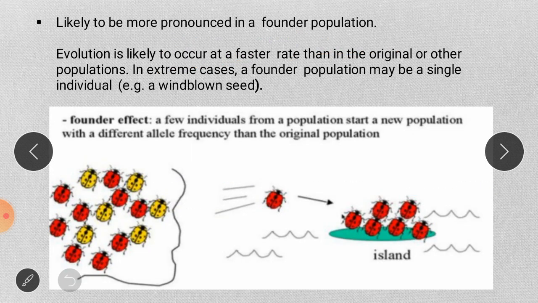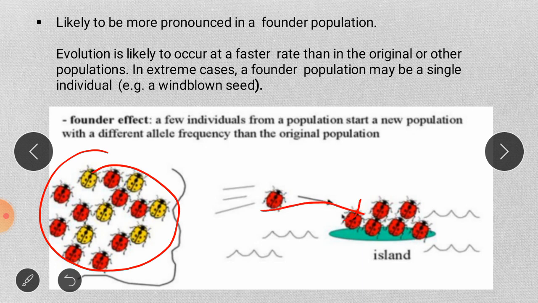Here we have taken one example. Suppose you have this population of beetles, and from this original population, the red colored beetles leave and move to a new geographical area where they reproduce and colonize.